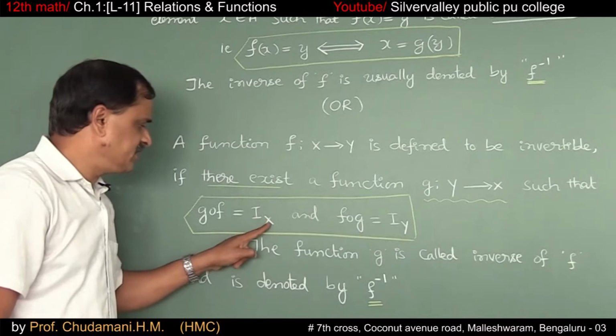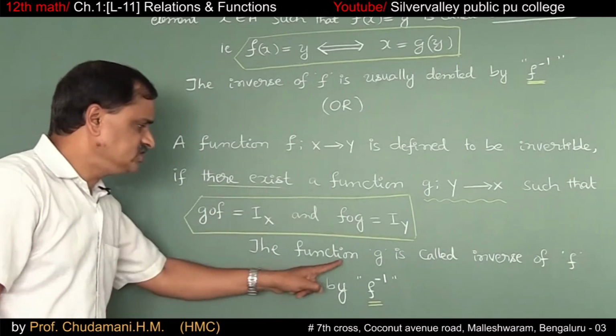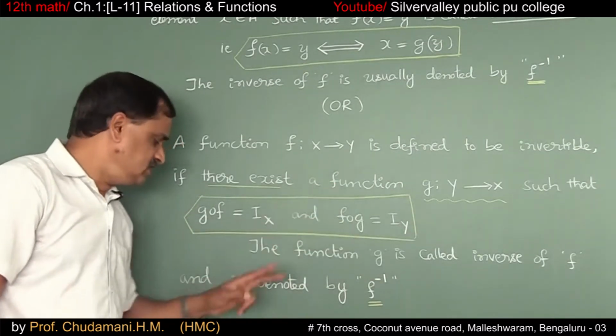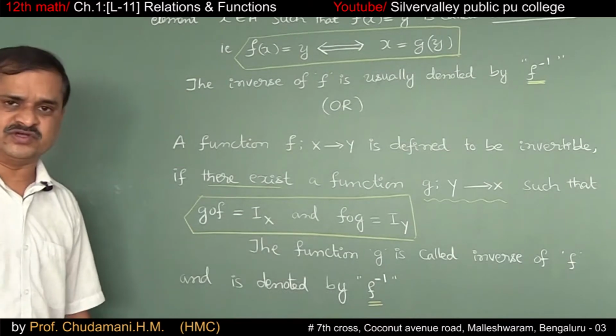Here the identity function on the set x is the domain of f. The function g is called the inverse of f and is denoted by f inverse.